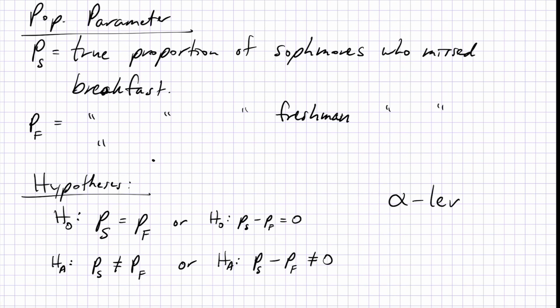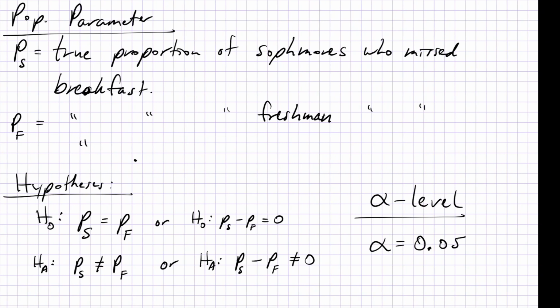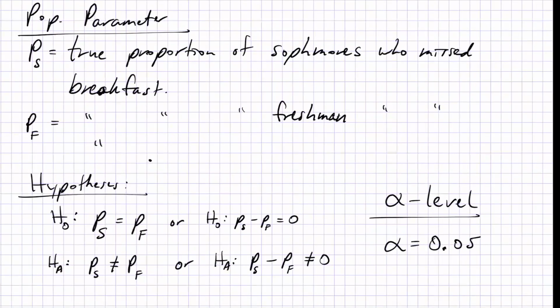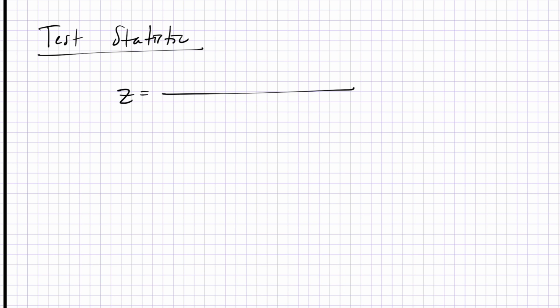Alpha level, 5%. Test statistic. We're going to say p hat s minus p hat f on top.